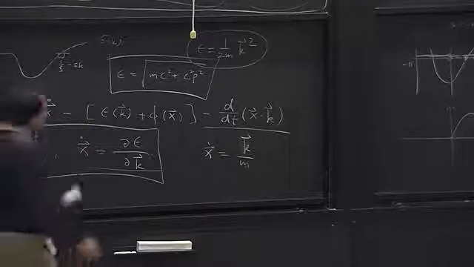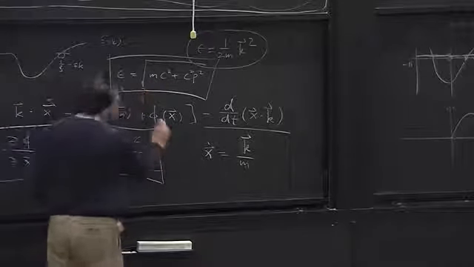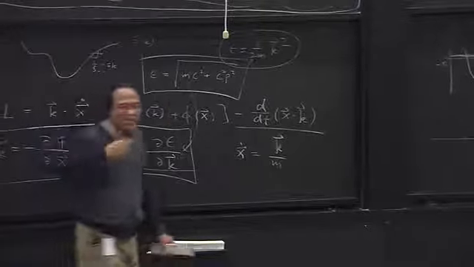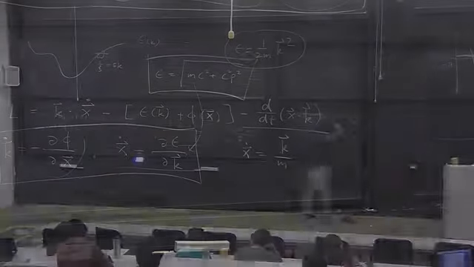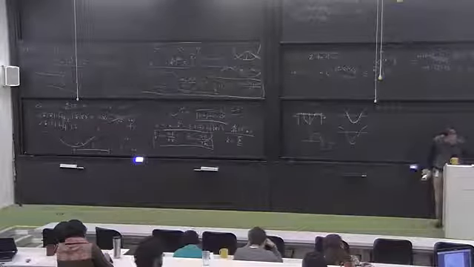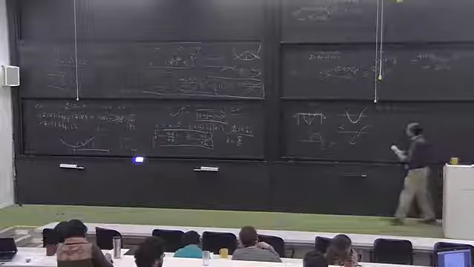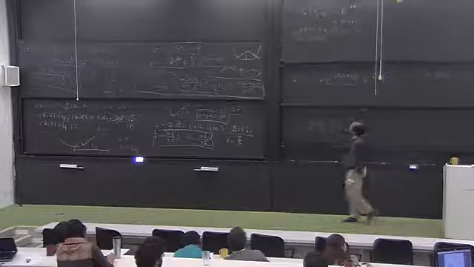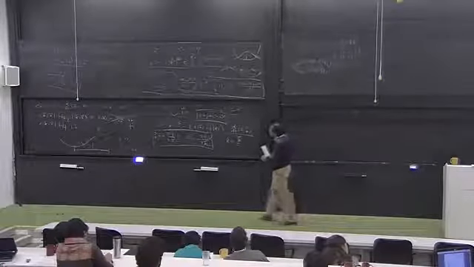Therefore, this kind of correction has already been observed. But there's yet another correction, and so let's discuss the other correction. To understand this other effect, we need to go to the multi-band picture.